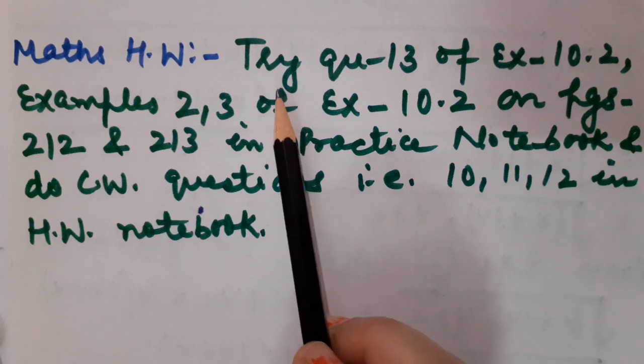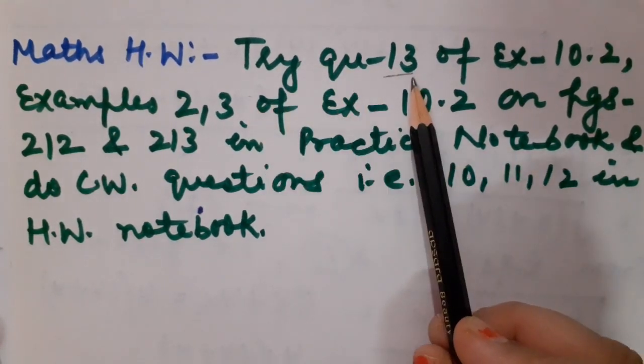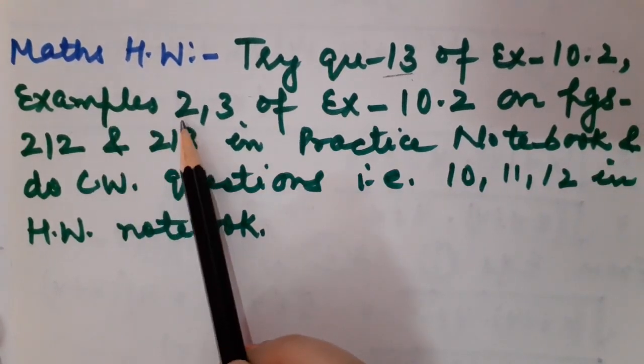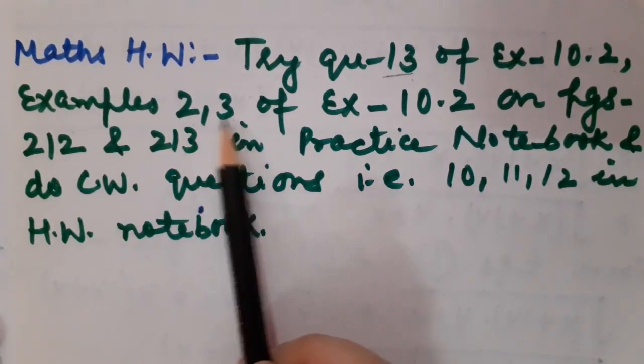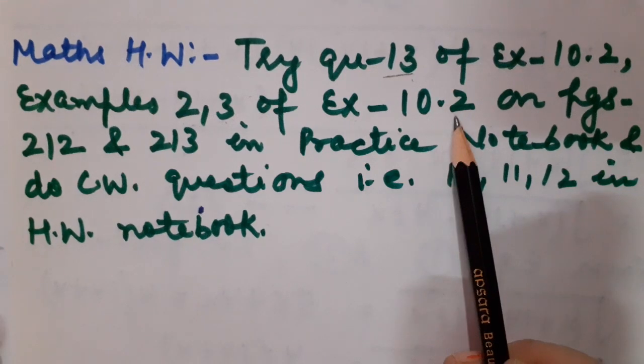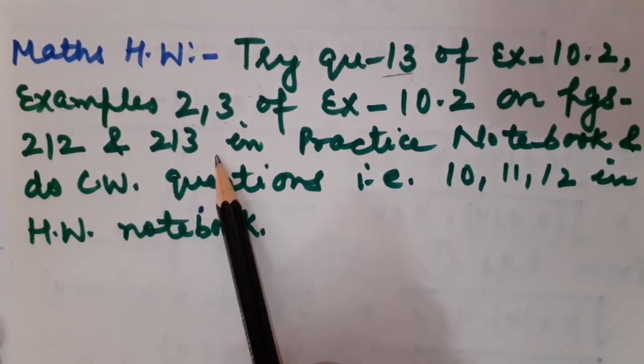Please note down maths homework. Only question number 13 is left. You just try question number 13 of exercise 10.2. And you have to do, children, example number 2 and 3 of exercise 10.2. They are very important examples, many times asked in board exams also. They are on pages 212 and 213. Fine.